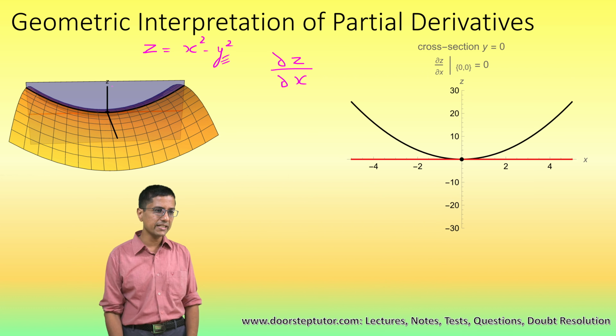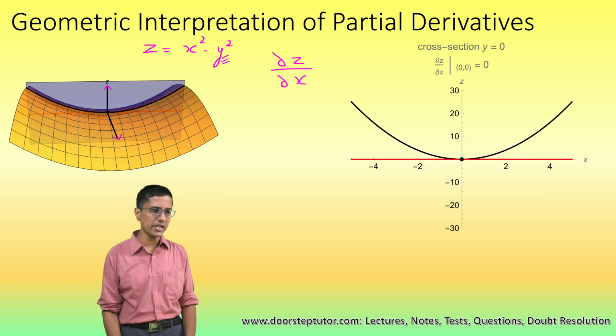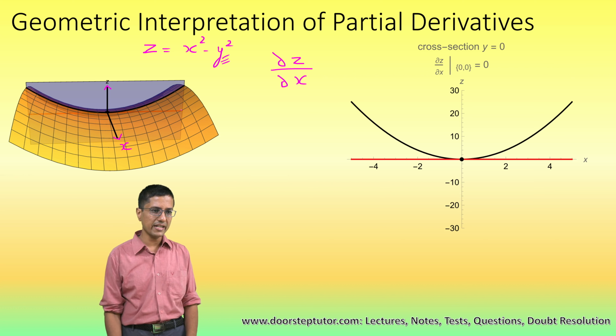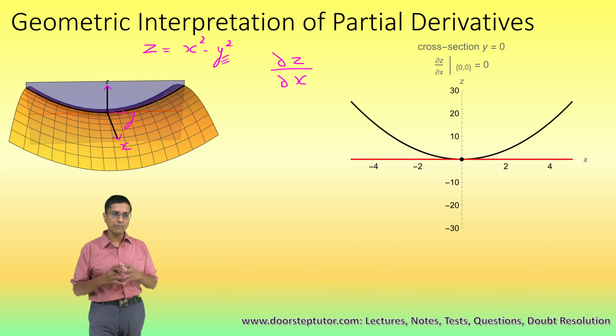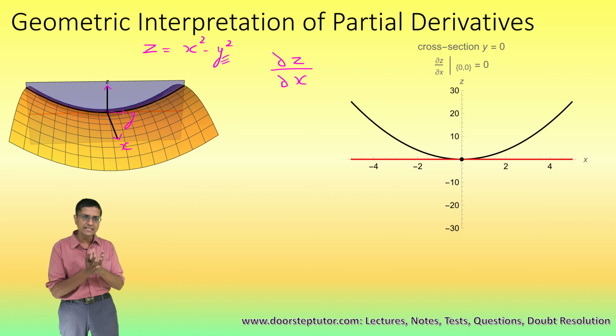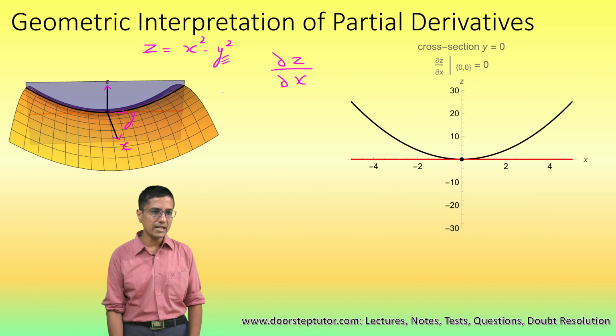Okay, so this is the z axis. This, which is coming outside, is the x axis, and this axis right here, which is going like this, is the y axis. So what we have done when we are calculating this del z by del x, we have just assumed that this y remains constant, which is this plane.